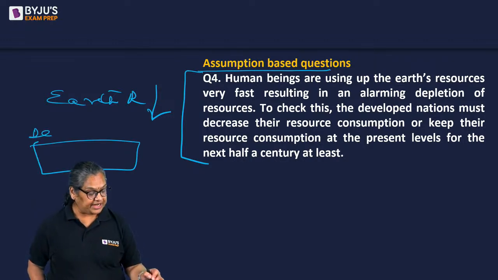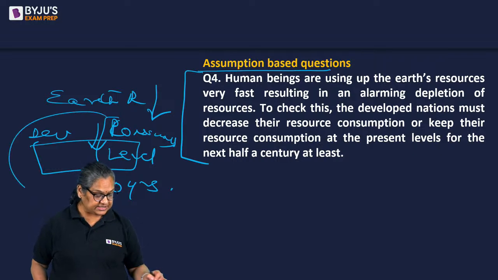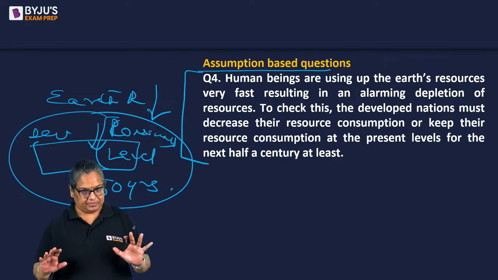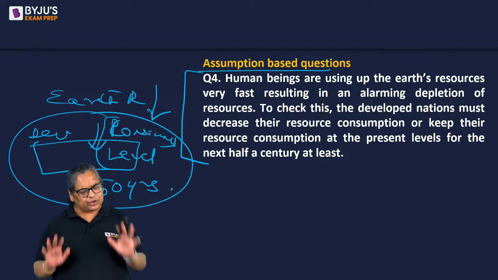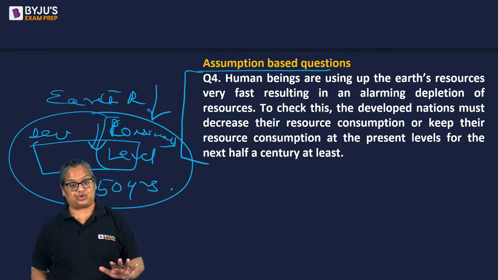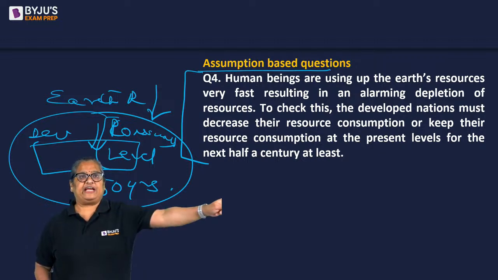The developed nations must decrease their consumption or at least keep it at the present level for at least the next half a century. This is his conclusion. We can get a hand, we can at least control this problem. How? If the developed countries decrease their consumption, or at least keep it at the present level for the next 50 years.